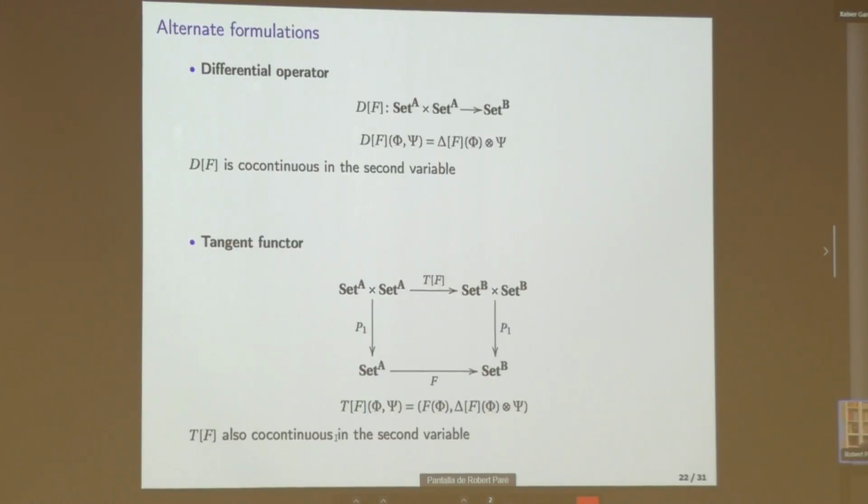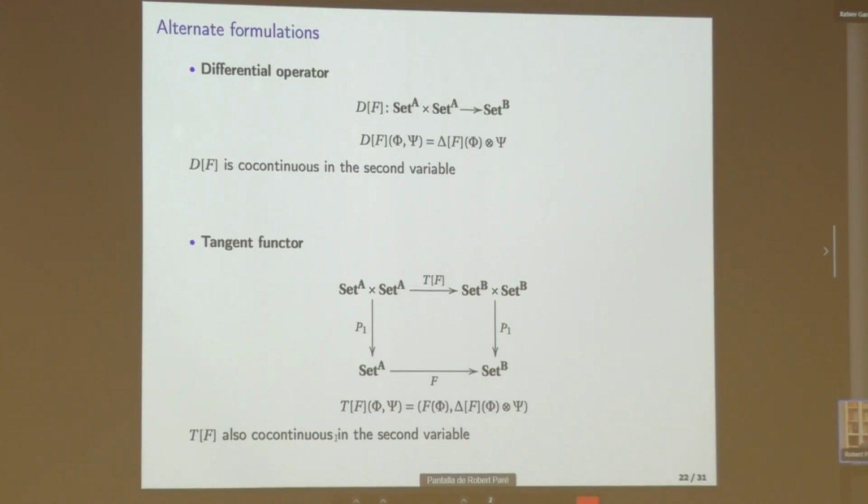Now, we can formulate this a little bit differently as a differential operator, going from set to the A cross set to the A to set to the B. It takes phi and psi, and it gives you delta F phi tensor psi. This is cocontinuous in the second variable, as you can see.